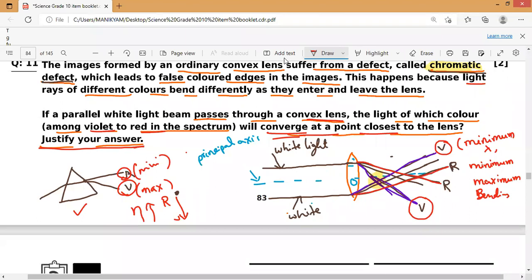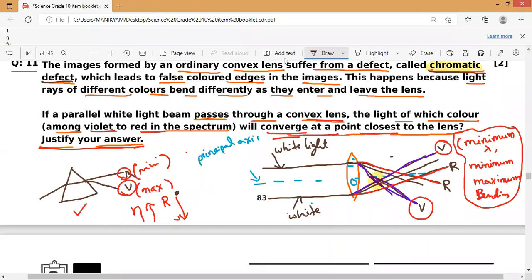These are all the reasons you can write: because of minimum wavelength, minimum speed, maximum bending. And glass has the highest refractive index for violet color light.